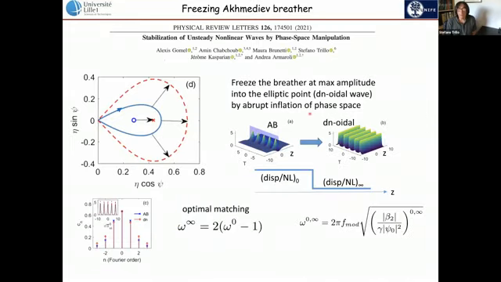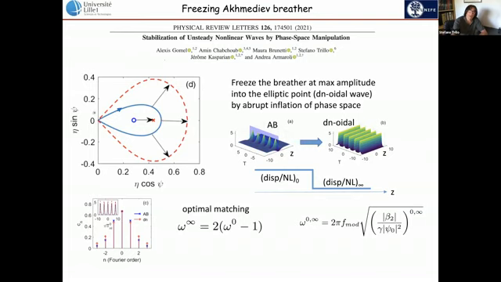Okay, so this is a third example we also published this year in collaboration with the group of Kasparian and Amin Chabchoub. So essentially, the idea is the following. Suppose you have an Akhmediev breather launched at the beginning. So you are evolving along the separatrix, the blue curve here. And suppose you arrive at a certain point, the maximum growth of the Akhmediev breather, this point, and you abruptly inflate the phase space.